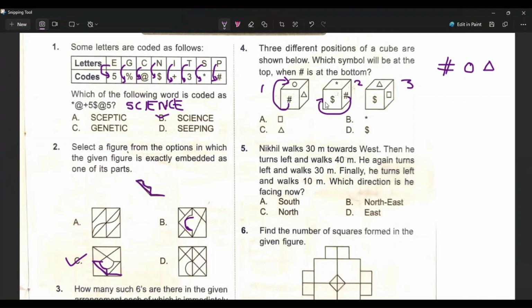So rotate this, hash, dollar, star. Okay. So for this circle, the opposite face is dollar, and for triangle, the opposite face is star.